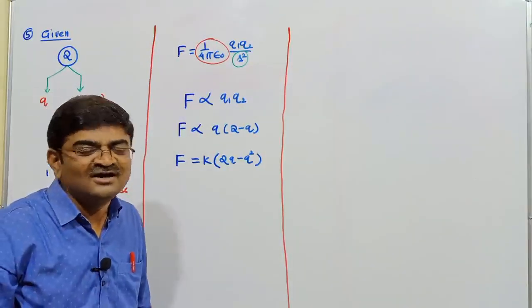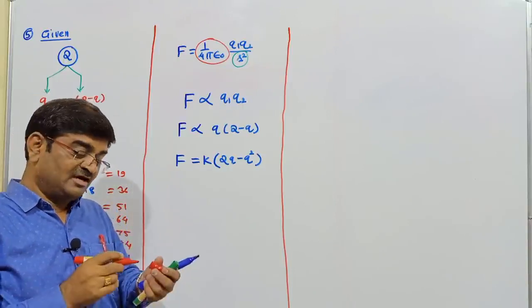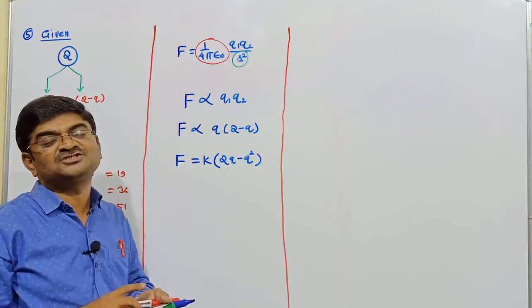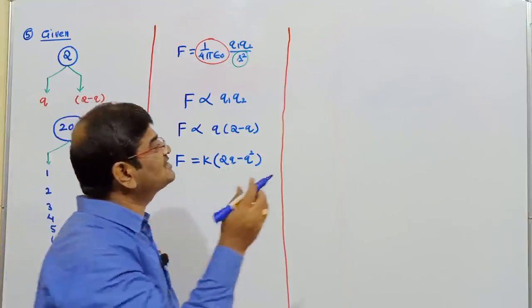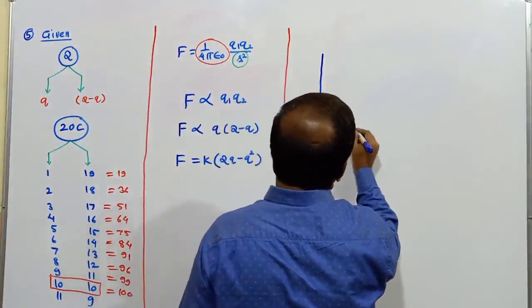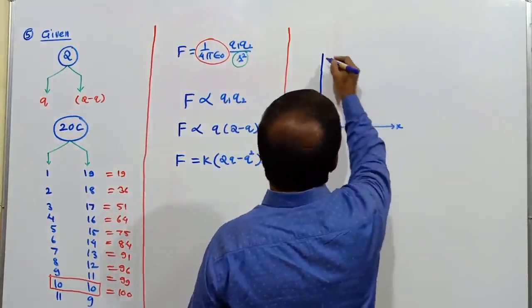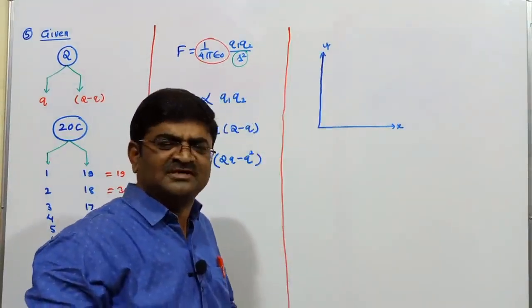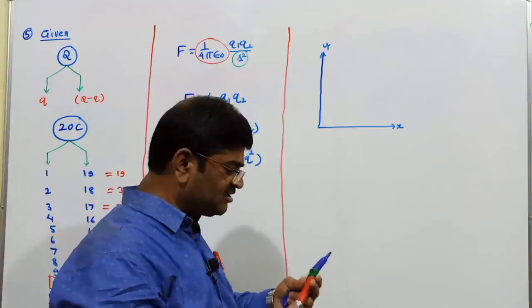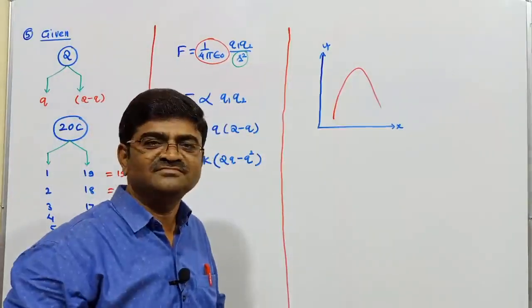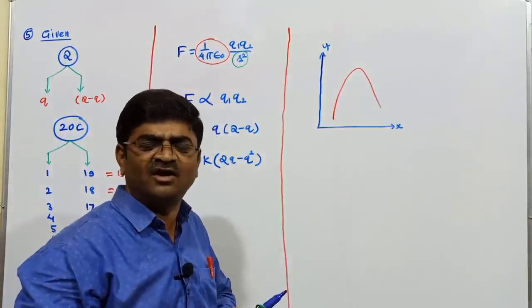Force is a function of small q, and I need to remind you, whenever you have a variation between two quantities, say for example, a variation of x quantity with y, some x and y are there, and that variation I could see is like this, one curve I have got.